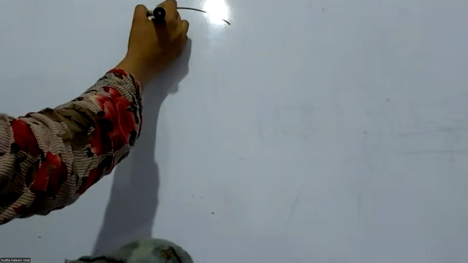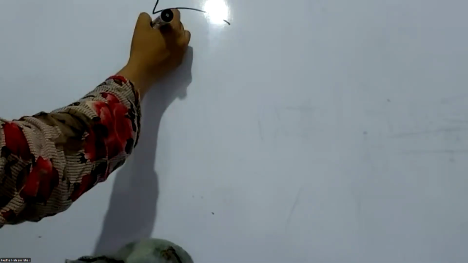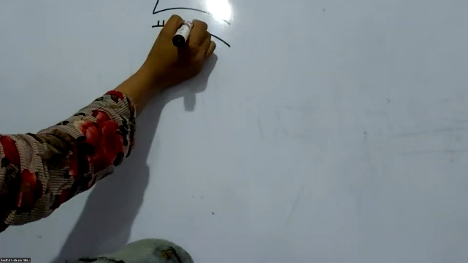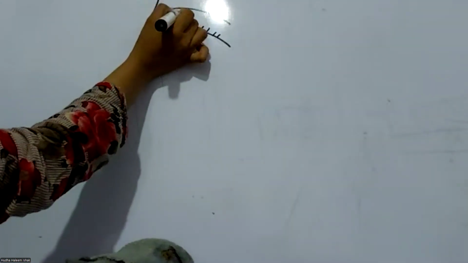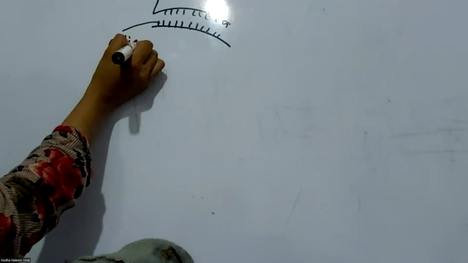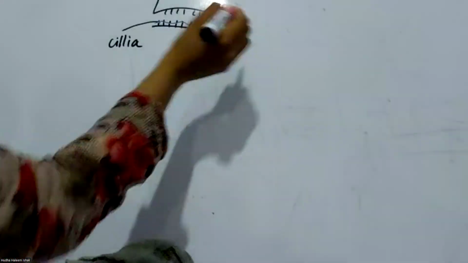And inside the nasal cavity, three things are happening. If this is the nose, the nostrils, we have the nasal cavity now. Inside this nasal cavity, we have cilia, small hairs inside our nose. Whenever cilia is present, remember, mucus will always be there.